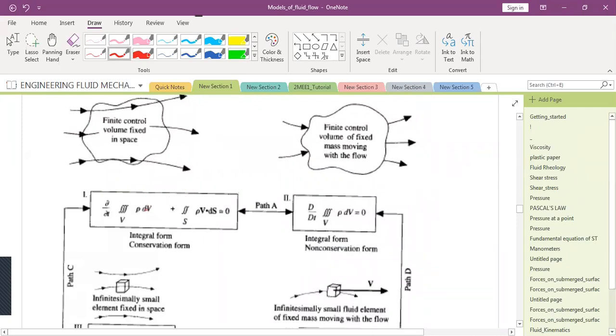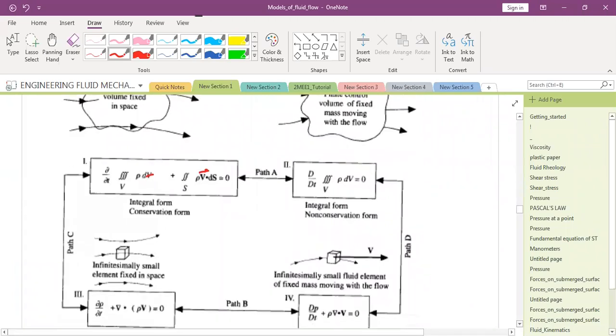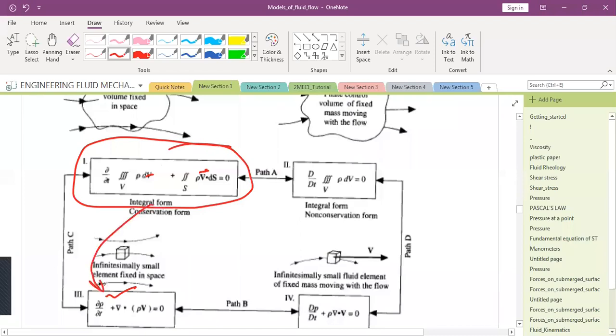So here it is rho dv and it is the same v dot ds. So this is the equation you got, and finally you change this equation to an equation like this. Are you clear? You started with this equation and simplified to this equation.